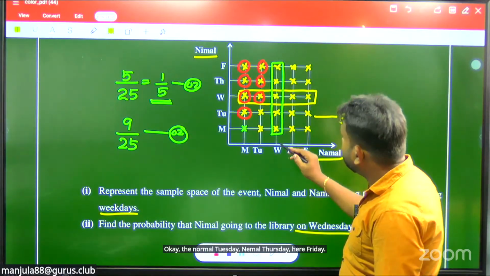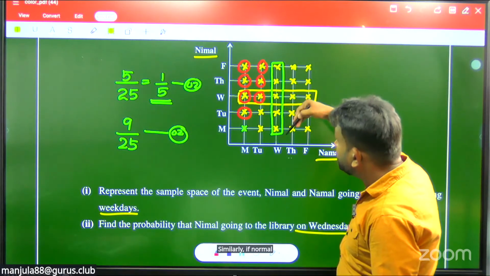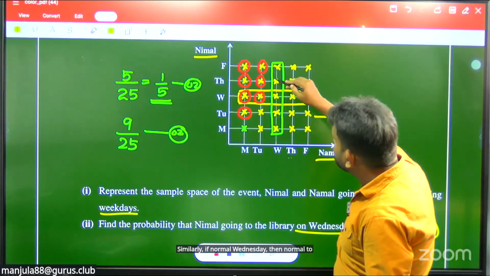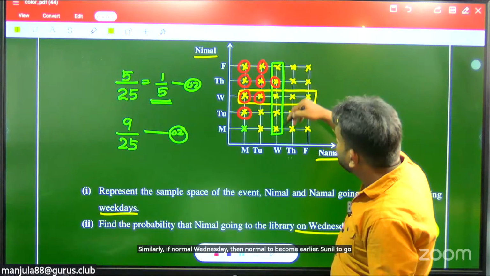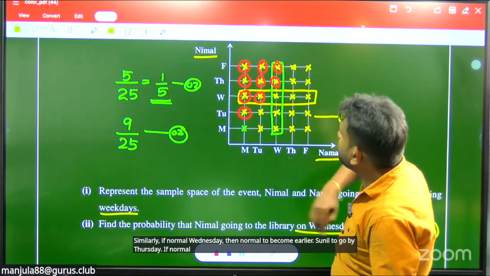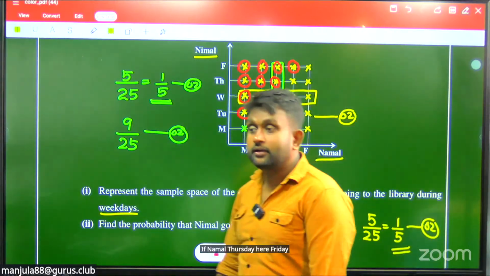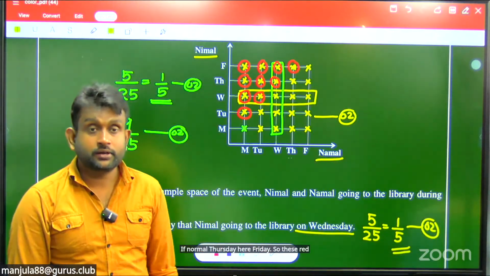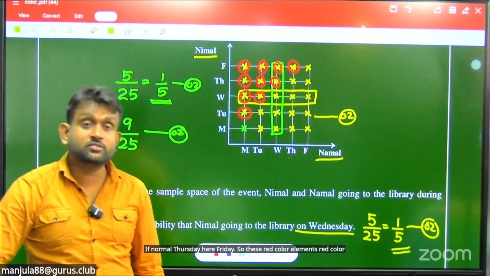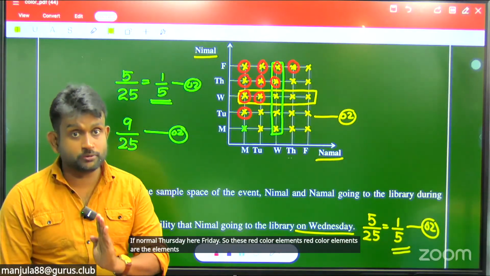Similarly, if Namal goes Wednesday, for Namal to be earlier, Nimal goes Thursday, or here Friday. If Namal goes Thursday, here Friday. So these red elements are the elements that belong to that condition.